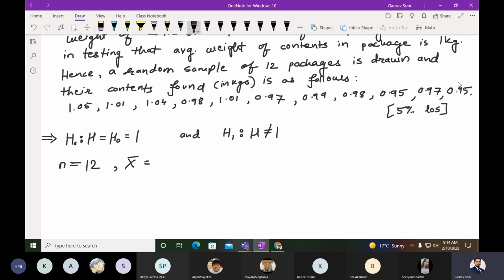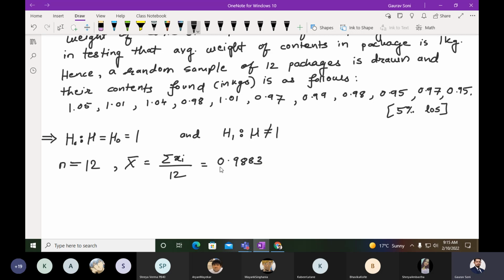The sample is of these 12 units. So we are going to do summation xi divided by the total number of elements, which is 12. You do this calculation. I will directly write down the answer here, that is 0.9883.